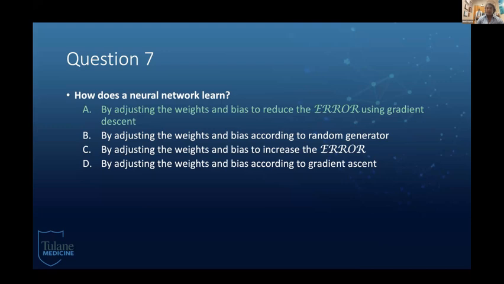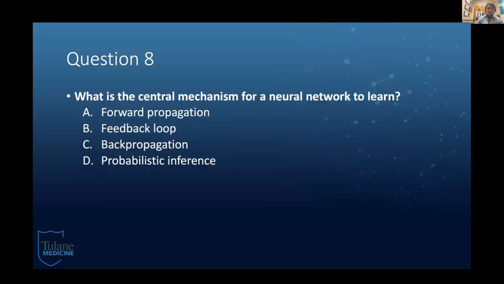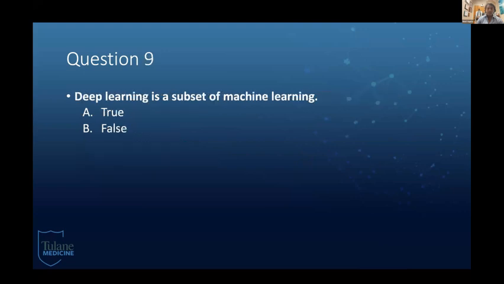We're trying to minimize error as quickly and efficiently as possible, utilizing gradient descent, which is a mathematical calculus-based function. What is the essential mechanism for a neural network to learn? The answer is going to be backpropagation. Deep learning is a subset of machine learning. That's true. Again, we have the big AI, then machine learning, and then deep learning.